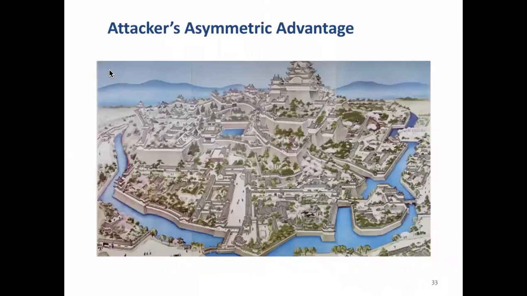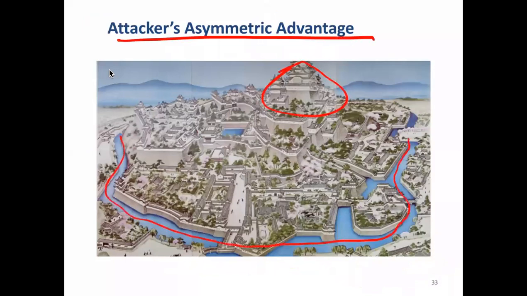So this is called the attacker's asymmetric advantage, right? For example, someone wants to protect a palace or something like that, so this kind of water body is created. You can see this in many places in India, even in Rajasthan, for example.